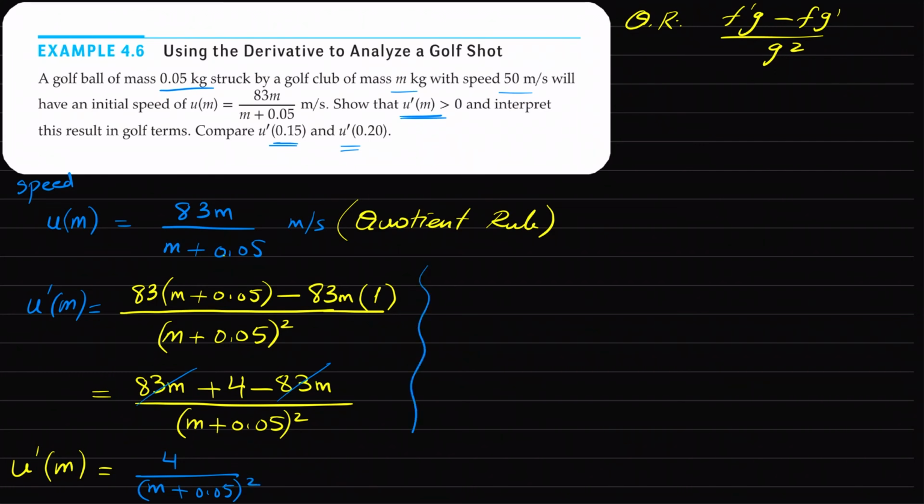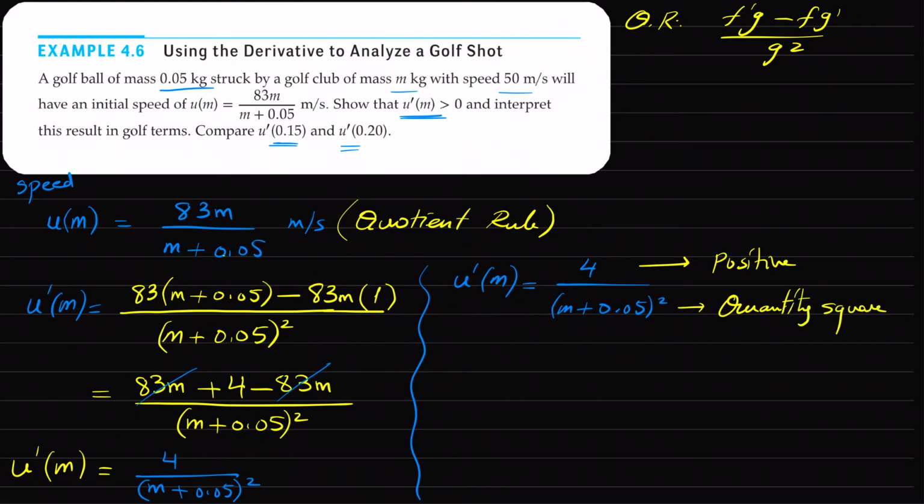Now let's talk a little bit about this one. So u prime of m is 4.15 over m plus 0.05 squared. 4.15 is always positive because it's a positive constant, and a squared quantity is always positive too.